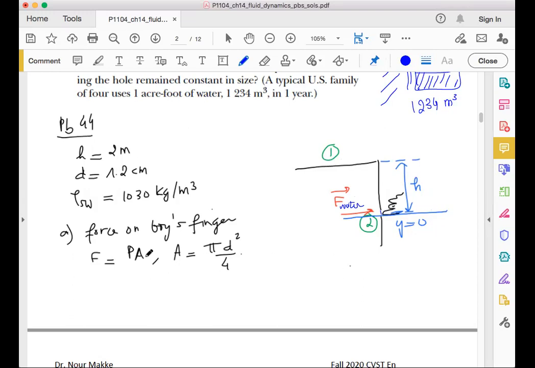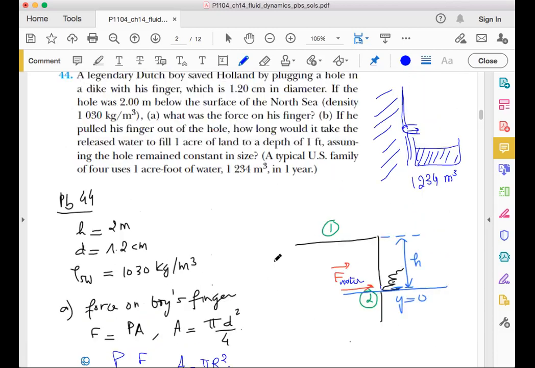Okay, so we know that the force is equal to the pressure multiplied by the cross-sectional area. This is simply deduced from the definition of the pressure, which is the force divided by the cross-sectional area. And we know that the cross-sectional area for a given hole, which is assumed to be circular or just modeled as a circle, is equal to pi multiplied by r squared.